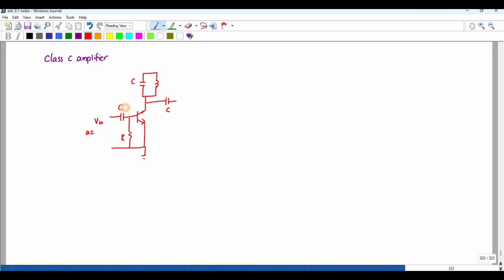So this is your tuned circuit which is employed at the load, and with the help of coupling we are taking the output at this resistance RL.